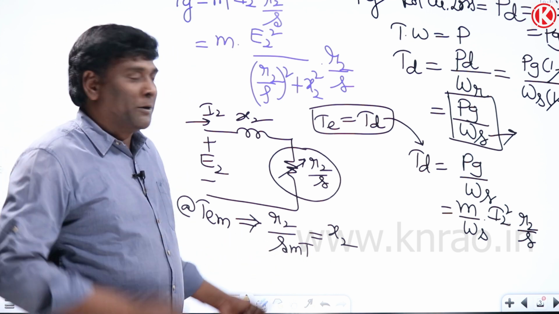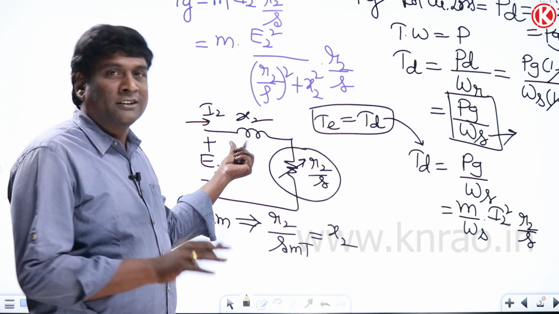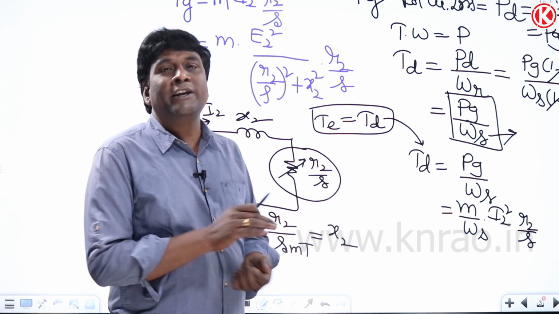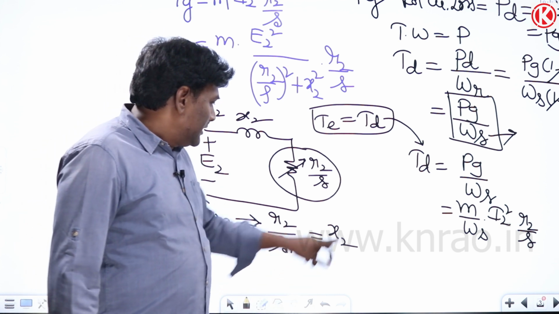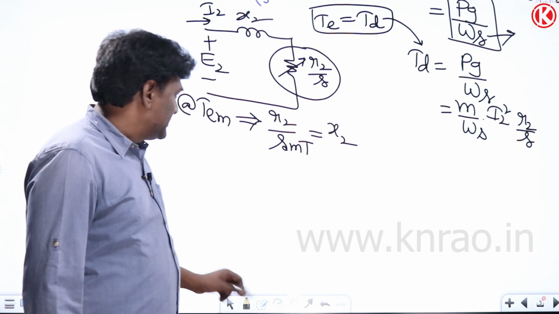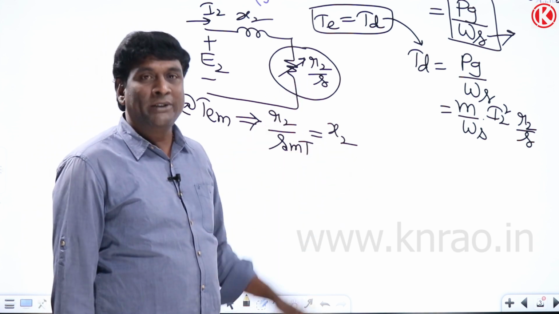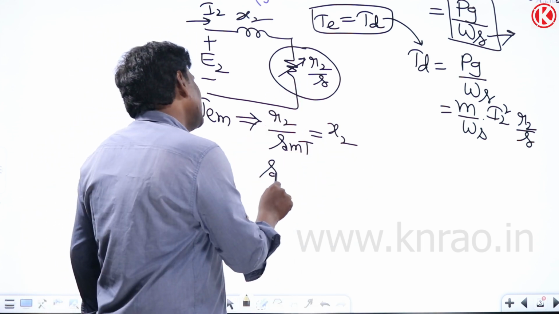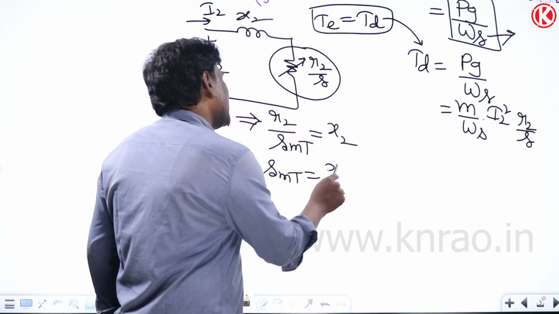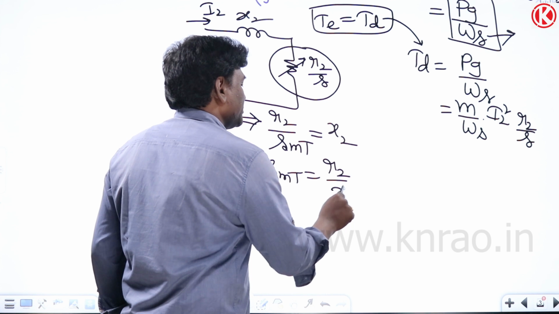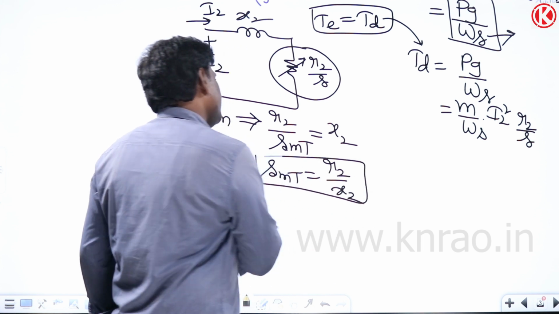Rotor reactance is a constant value, rotor resistance is a constant value, but slip is going to be a variable value. At TEM, the magnitude of R2 by S maximum torque is going to be X2, or I can rewrite this as S at maximum torque equal to R2 by X2. Fix this.